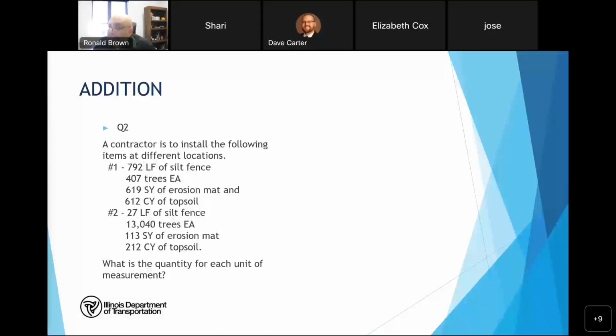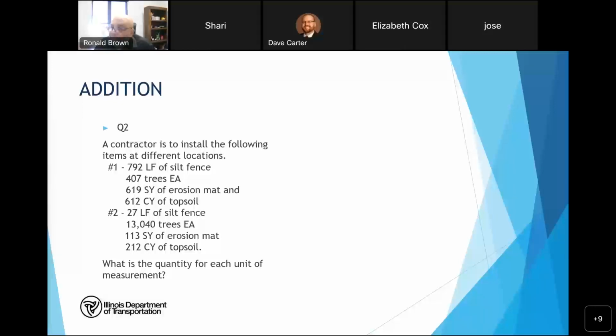This question for addition has a contractor installing the following items, but at multiple locations on a contract. In location number 1, 792 lineal feet of silt fence, 407 trees, 619 square yards of erosion control mat, 612 cubic yards of topsoil.